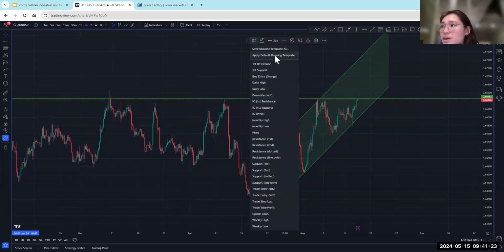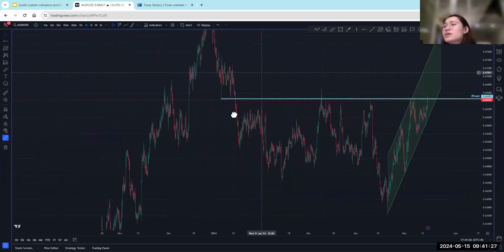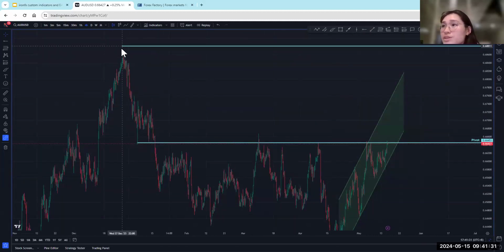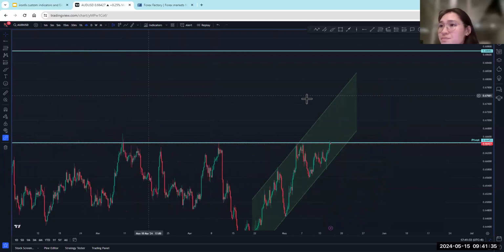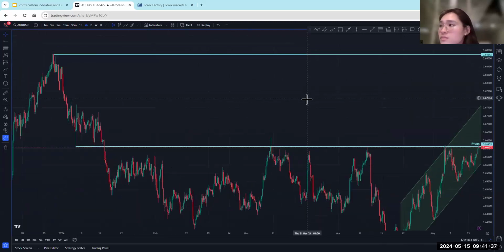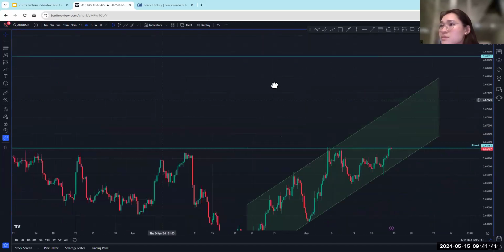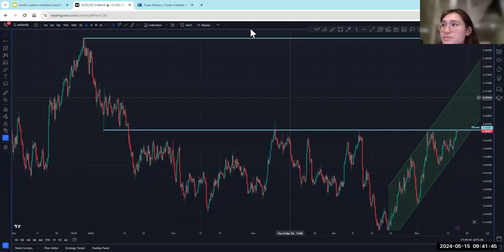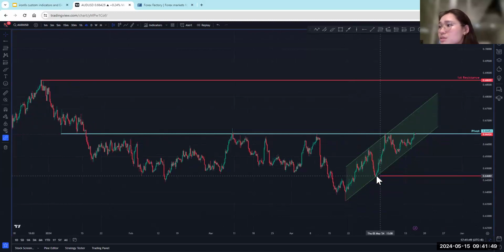This is my pivot. And my first resistance, maybe up here, and my first support over here.